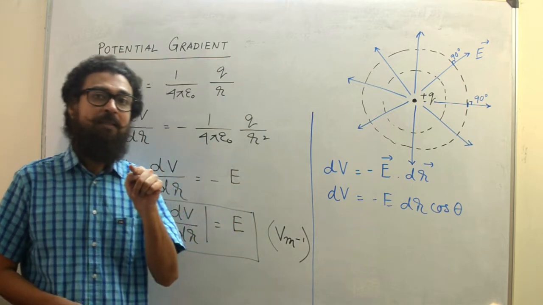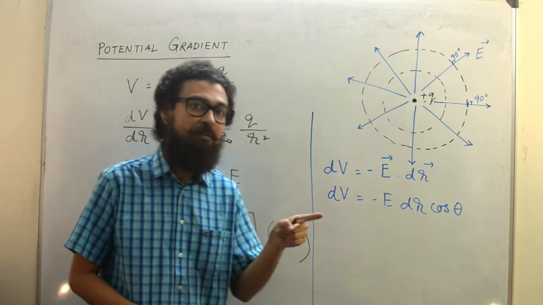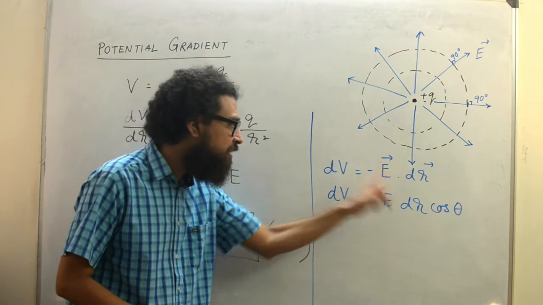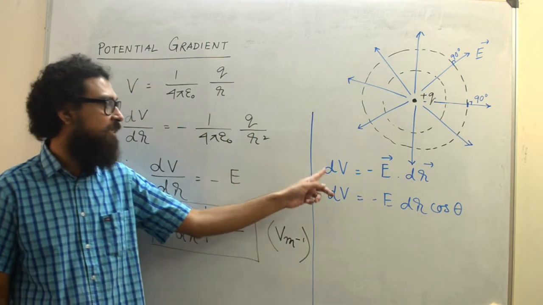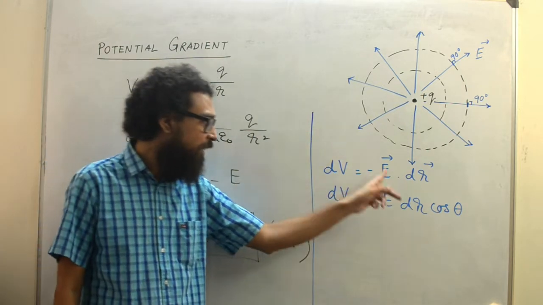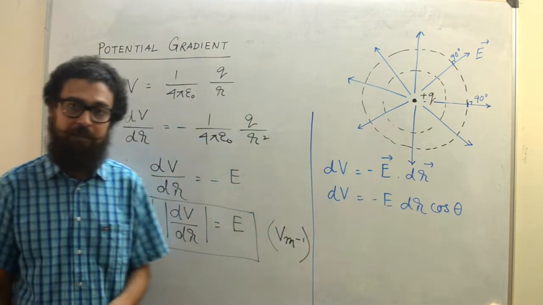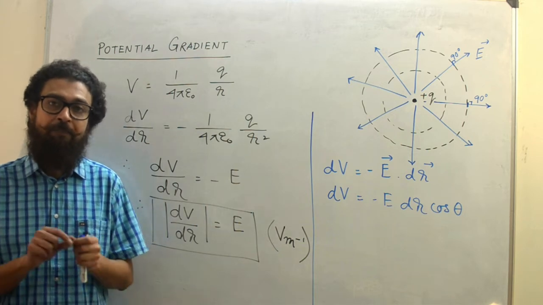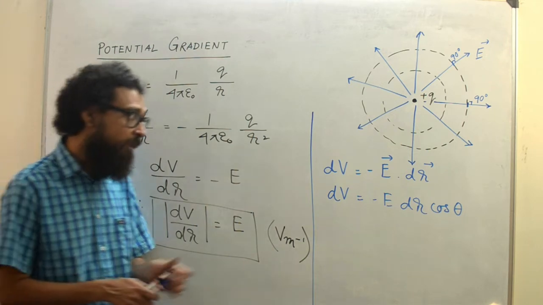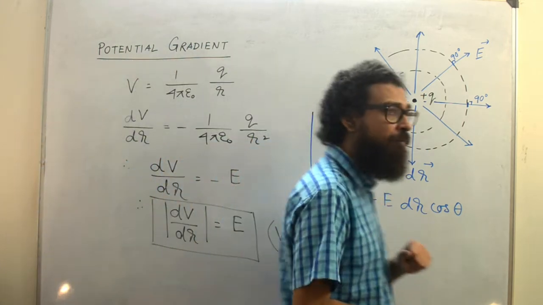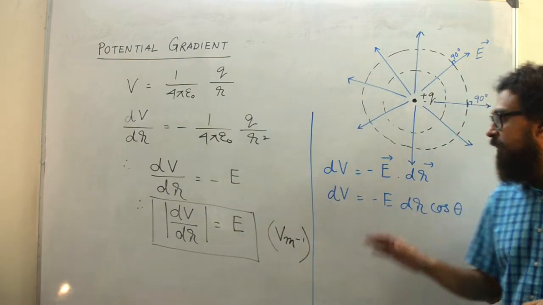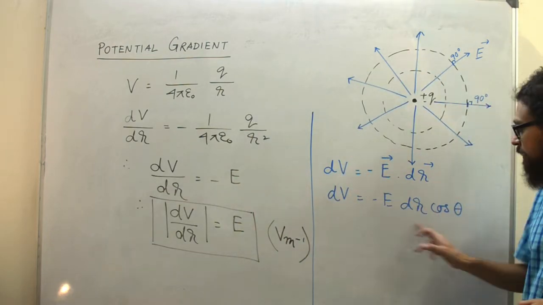But here is the first concept showing that the difference in potential is the dot product of two vectors, which are electric field and the radial vector or the distance vector. So from this expression we can understand that this is a scalar quantity.